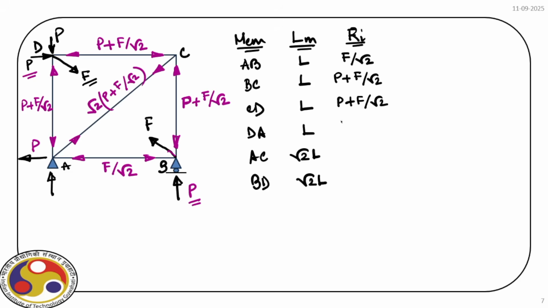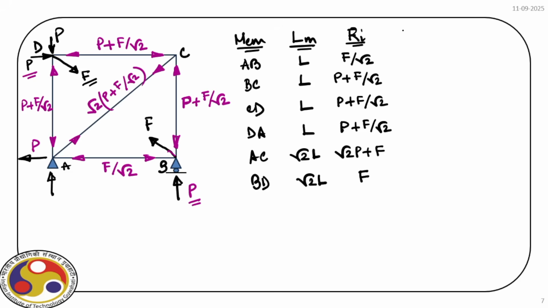Then DA again P plus F by root 2. Member AC has the force root 2 P plus F. And member BD, that we have replaced with a force F.